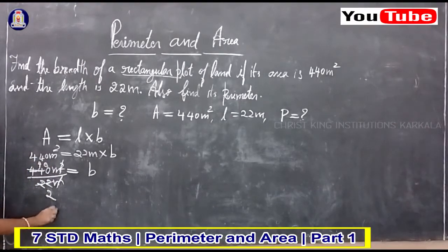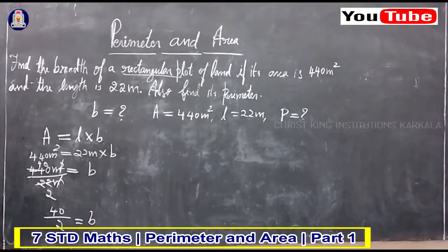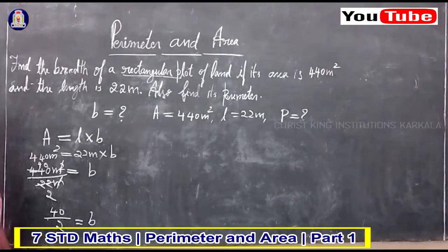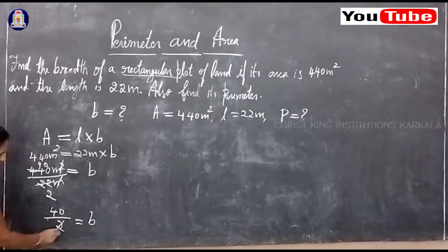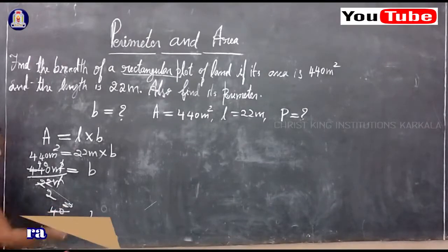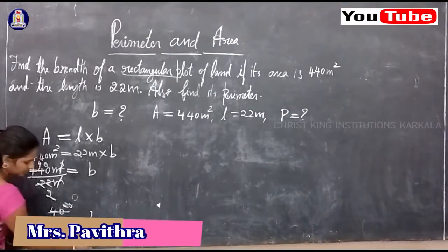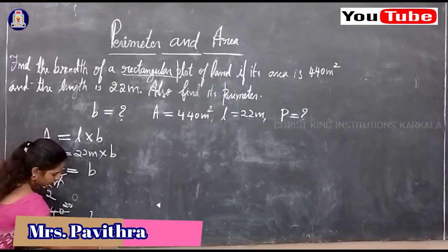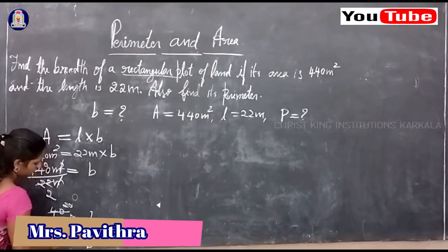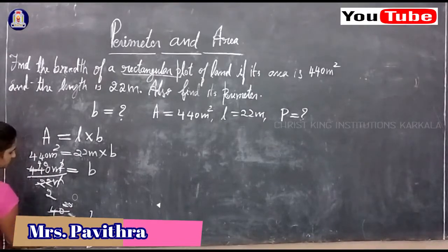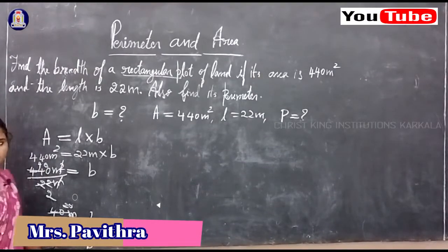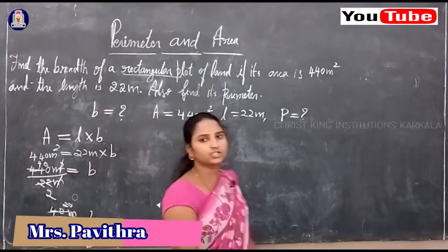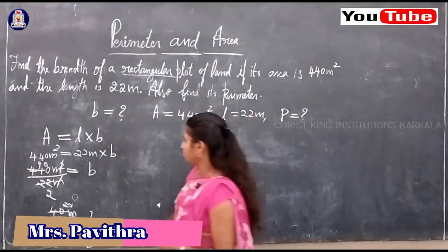So remaining 40 by 2 is equal to B. So now 2 and 40 are divisible by 2, so 2 1s are 2, 2 20s are 40. So the answer is breadth B is equal to 20 meter. Clear? So 1 meter is remaining here, so the answer is 20 meter. Breadth of the rectangular plot is 20 meter.